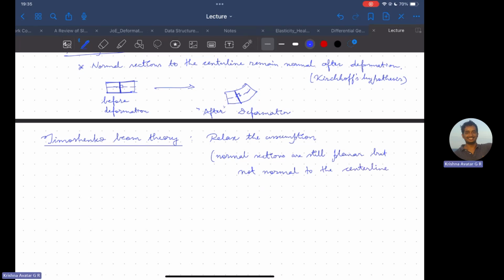So it means that, from the side, the cross section still looks like a line, but it no longer makes a 90-degree angle with respect to the central line post deformation. This is what the relaxation essentially is, right?